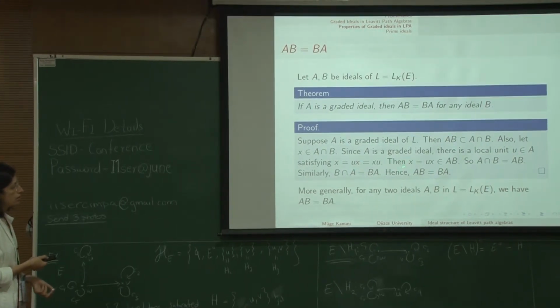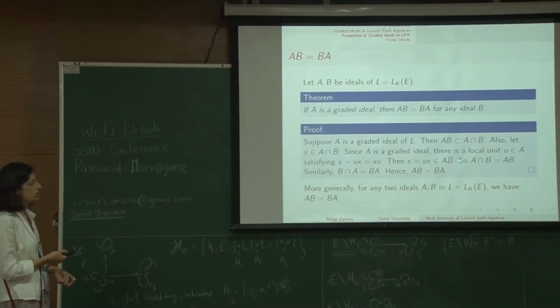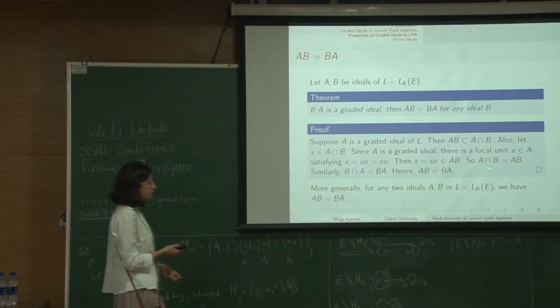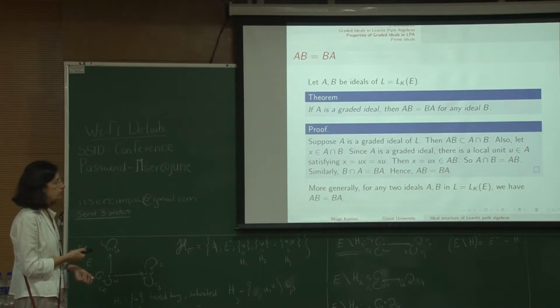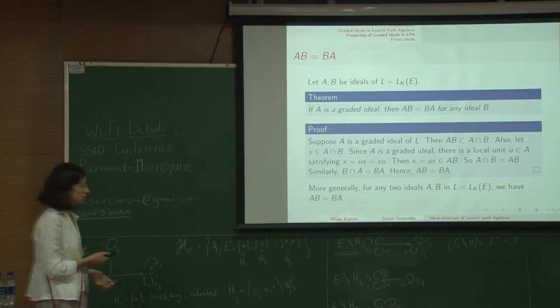And hence, X equals UX, so it's in the product, so the intersection is exactly the product. So we can prove similarly that the intersection A is BA, the condition is satisfied.